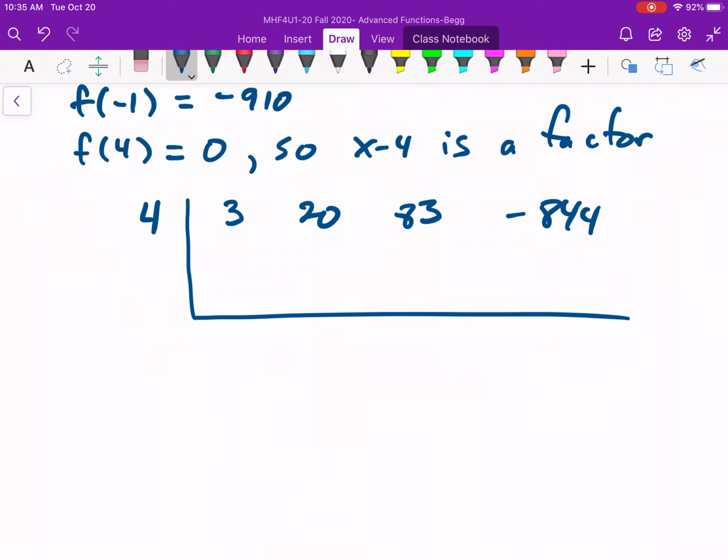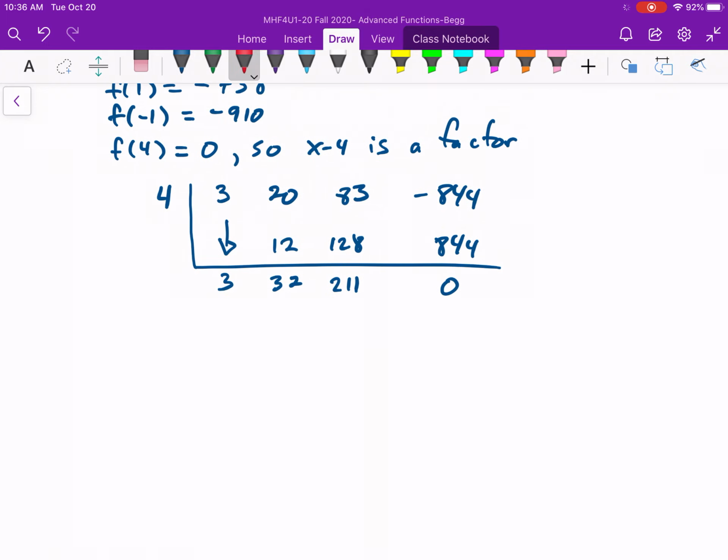And bringing down the 3 gives me 3 times 4 is 12, plus 20 is 32, times 4 is 128, added to 83 gives me 211, times 4 is 844, plus negative 844 is 0, and that's what I wanted to see. I wanted to see that we got a remainder of 0.